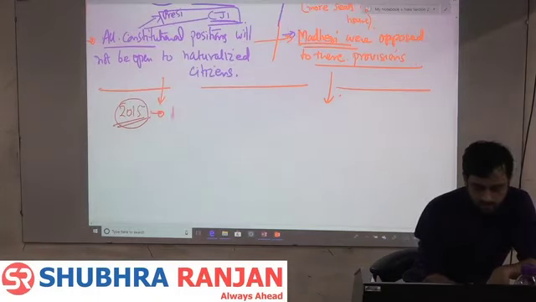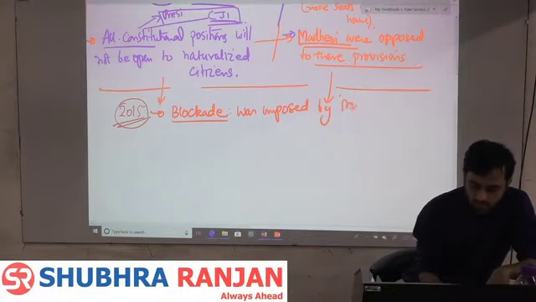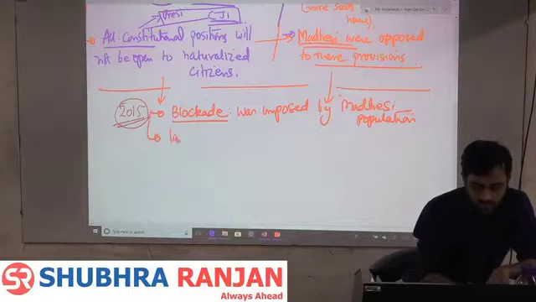In 2015, a blockade was imposed by the Madhesi population. Large scale violence erupted in the Terai regions.